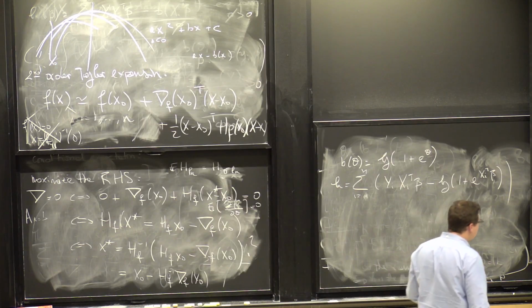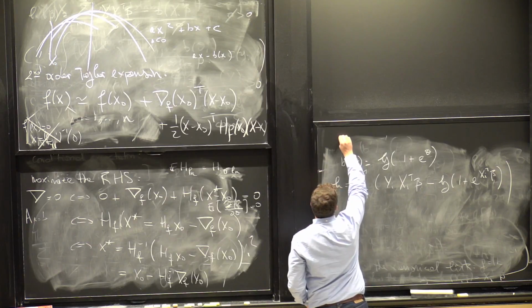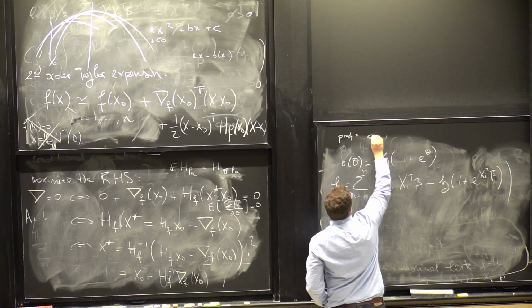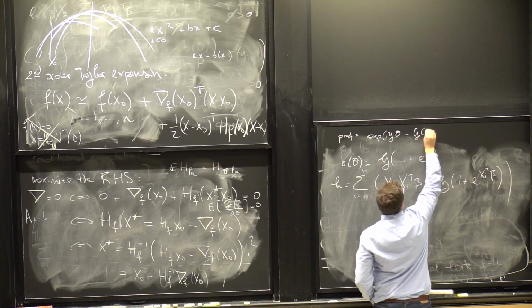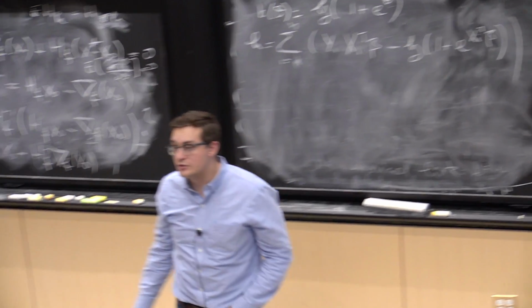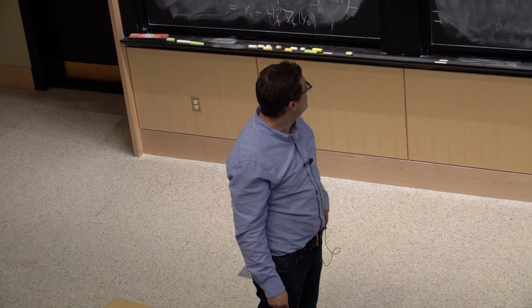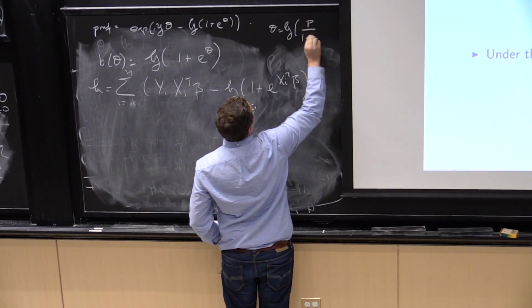OK, so this, remember, the density, right? So the PMF was exponential y theta minus log 1 plus e to the theta. There was actually no normalization. That's just the density of a Bernoulli. And theta is actually log p over 1 minus p.